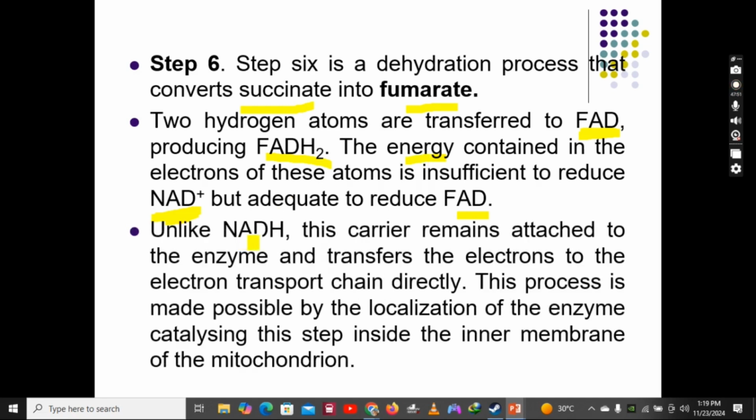So unlike the NAD, this carrier remains attached to the enzyme and transfers the electrons to the electron transport chain directly. What they mean here is the FADH2, an electron carrier.